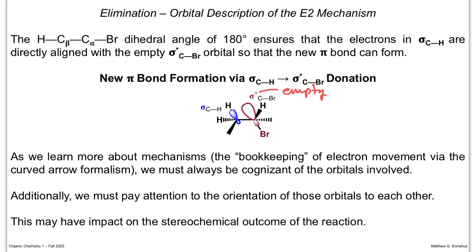So what will influence the product distribution in terms of major versus minor is that conformational analysis we learned with the Newman projections. So in general, trans products will be favored because that minimizes the strain observed in the transition state.